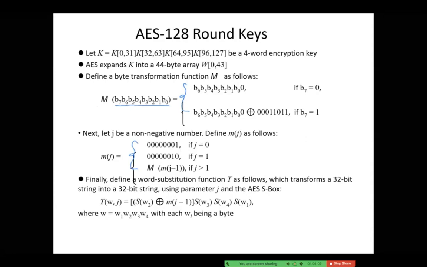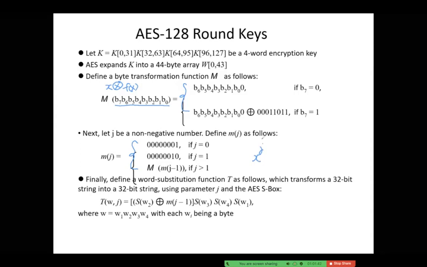Let's call it f of x. So this number is f of x, a polynomial, and these are the coefficients of that polynomial. And this m really defines x times f of x. And this small m_j defines the operation of x to the jth power.